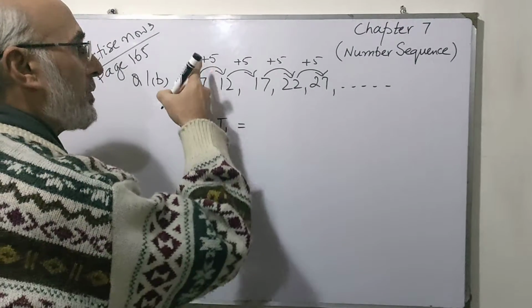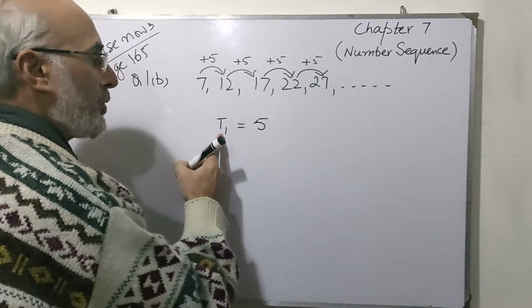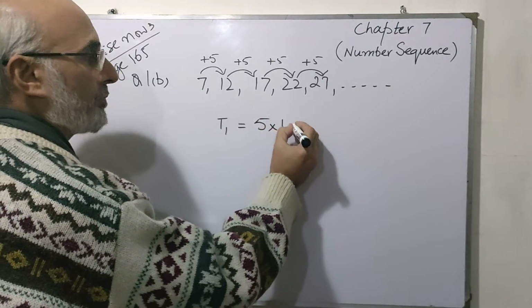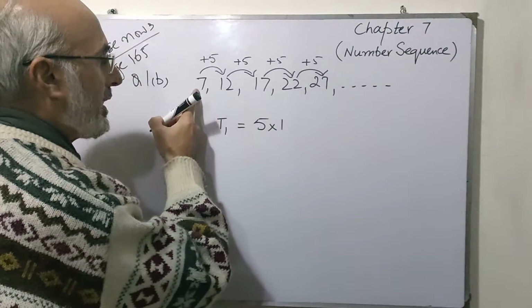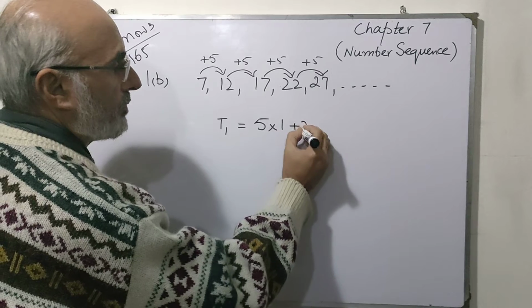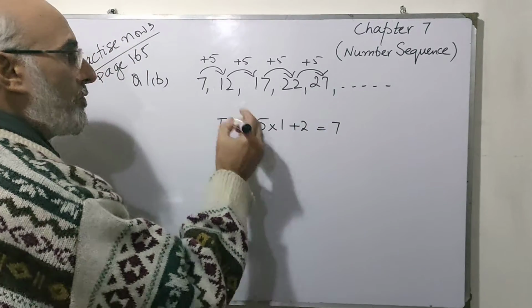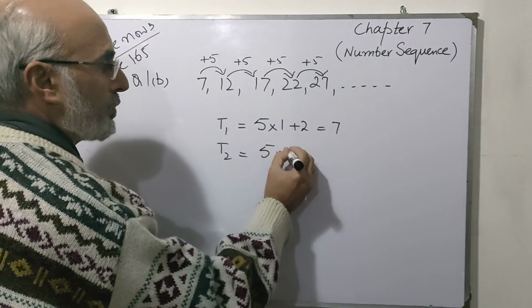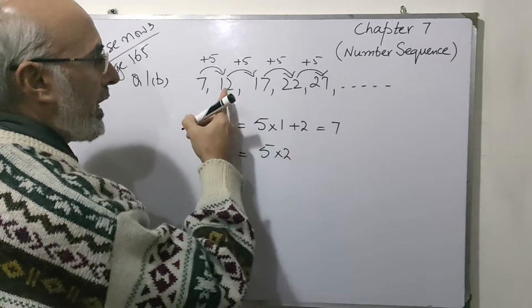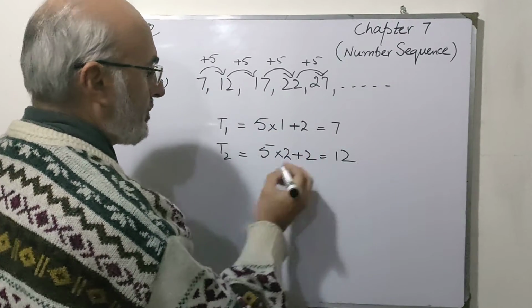So let's talk about T1. Using this common difference 5, position is 1 and 5 into 1 is obviously 5, but we need 7, so we are adding 2. We have 7 here. Term 2, 5 into position, which is 2, 5 into 2 is 10, and we need 12, so plus 2. So we have here 12.